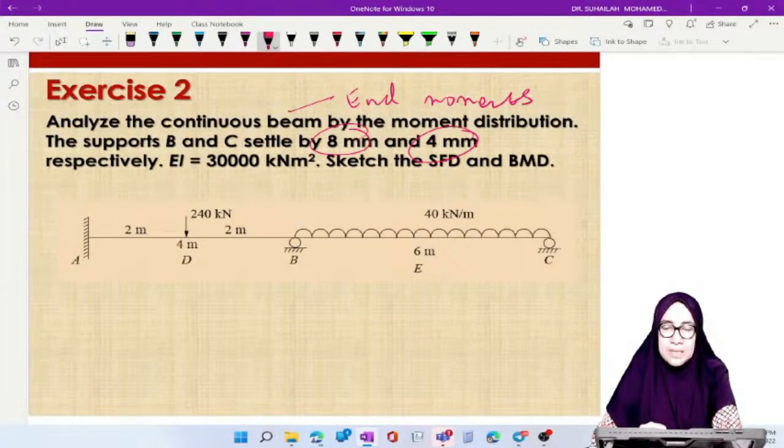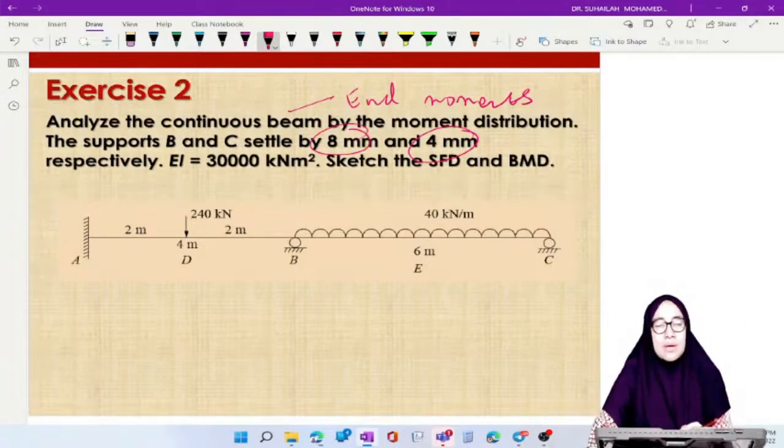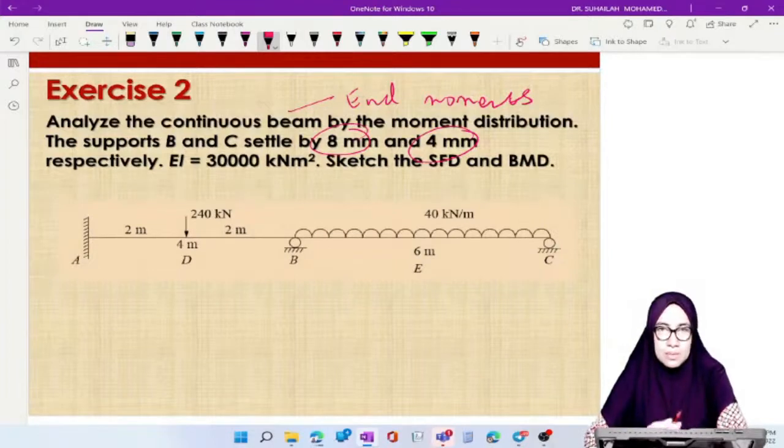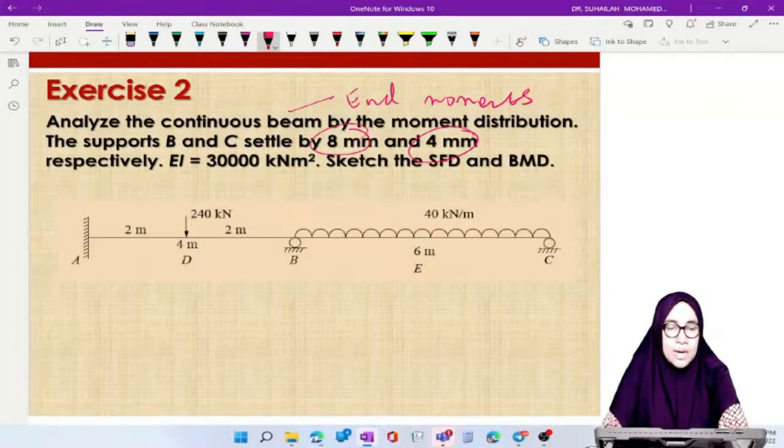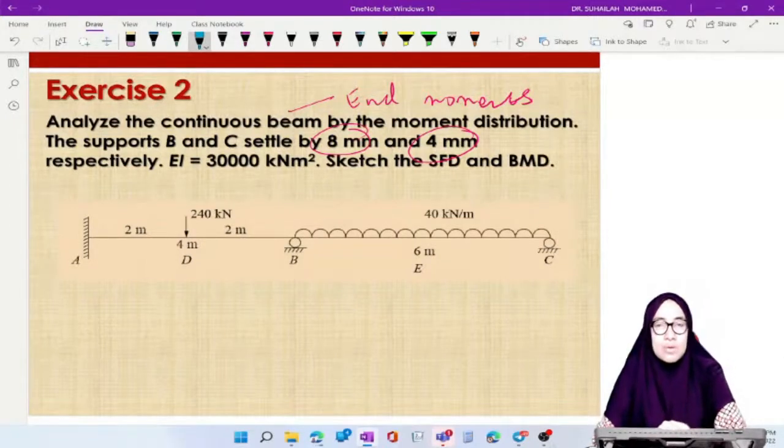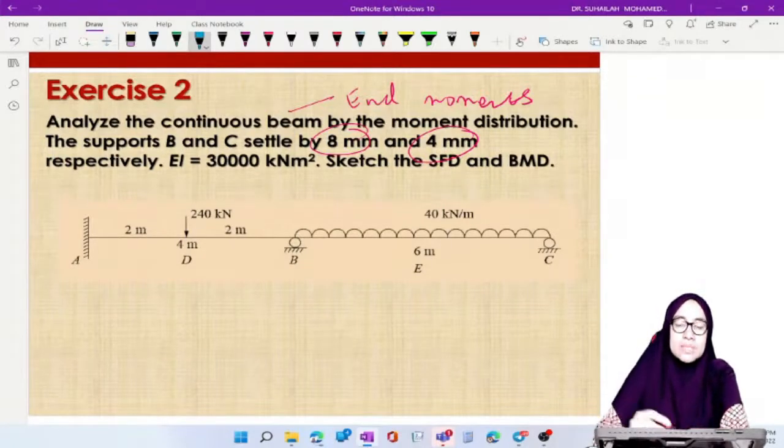Next, the second question: sketch a shear force diagram and bending moment diagram. Let's look at this together. In this example there are three joints: 1, 2, 3, which are A, B, and C. So how many members?